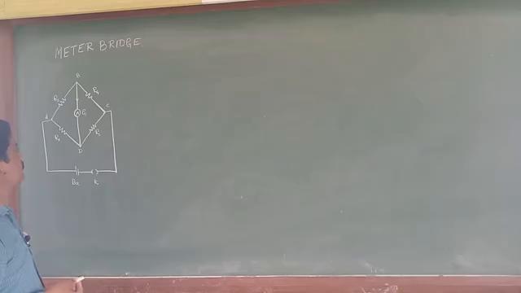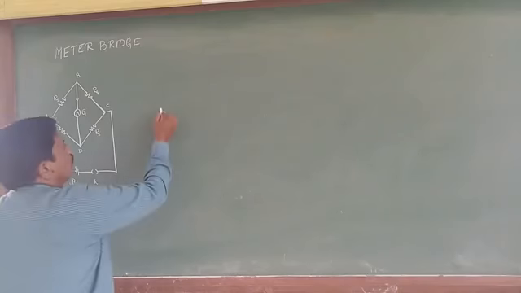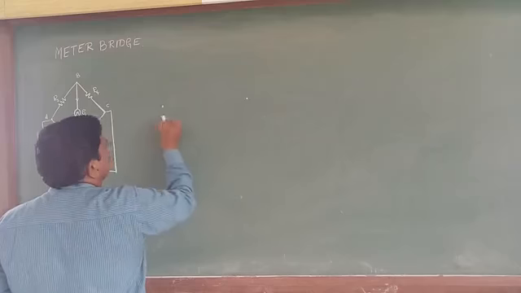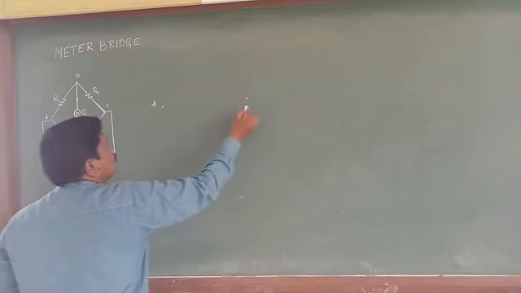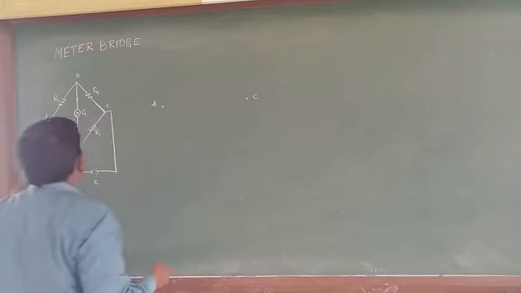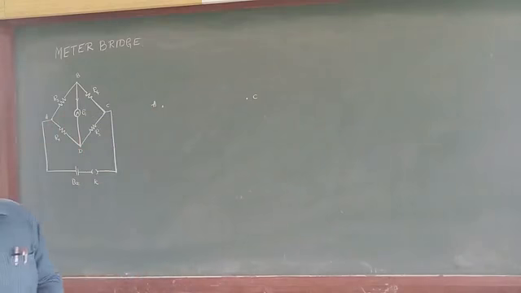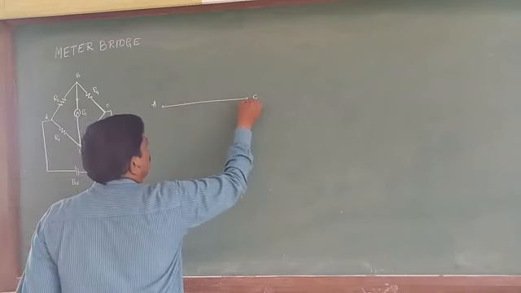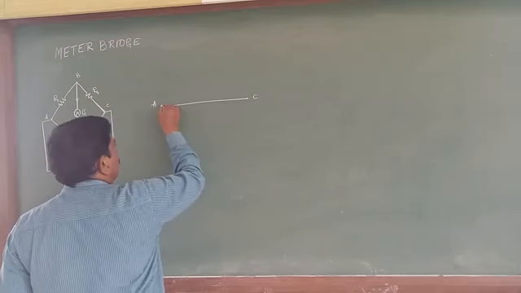Between A and C, I will draw here, this one is A, this one is C. Instead of two resistances R1 and R3, we take a 1 meter wire.